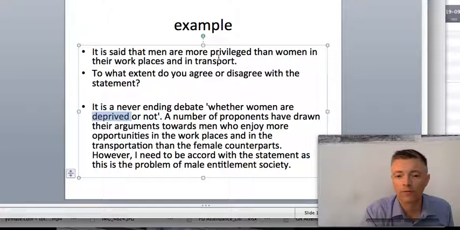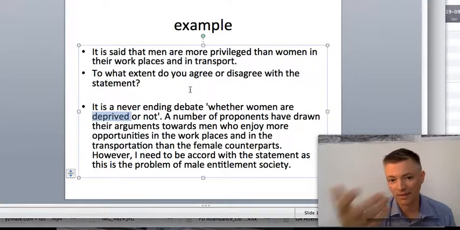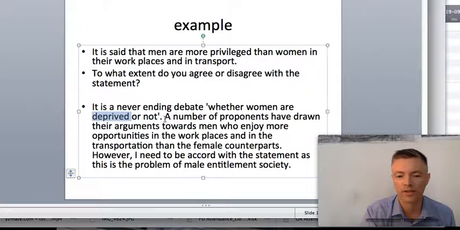Okay? So the first topic sentence has got to say, this is men are more privileged or not. Okay, so a number of proponents have drawn their arguments towards men who enjoy opportunities in the workplace. A number of proponents. Well, who are these proponents? Do you really know who these proponents are and you're going to quote them on an IELTS exam when you have no books?